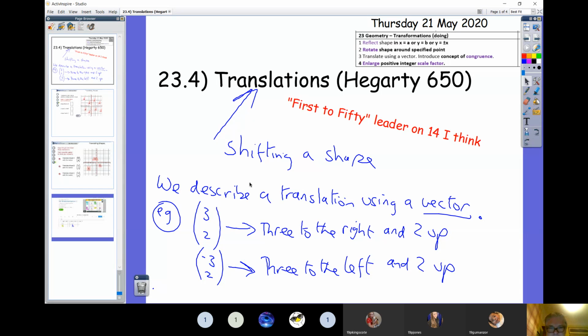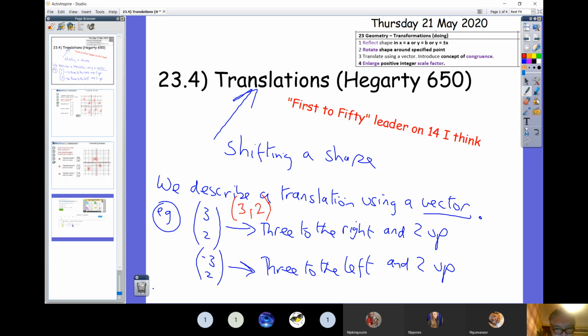Now, when we translate a shape, when we shift a shape, we're going to do this by way of what's called a vector. Now, a vector is one of these things, and these effectively work just like a coordinate. If we had the coordinate 3, 2, we know that we would plot a point 3 to the right and 2 up.